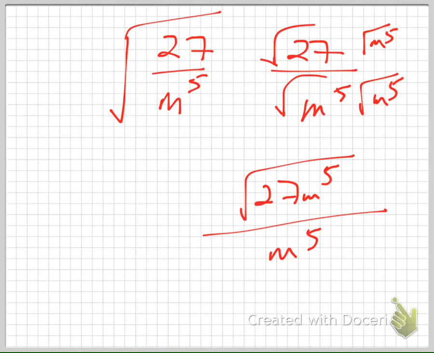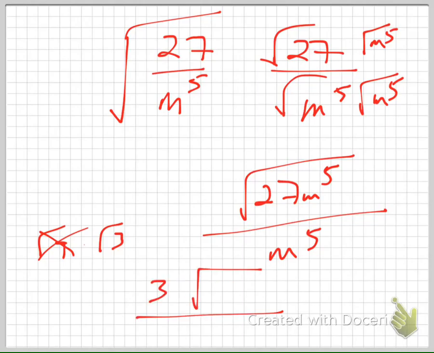Because what can I do with this? Is that simplified? Can I pull things out of that top? Absolutely. 27 is 9, square root of 9 times the square root of 3. What is square root of 9? 3. So this becomes a 3 times, hold on, this is over m to the 5th, don't forget, 3 times, what's left inside? A 3. And then m to the 5th, what can I pull out?